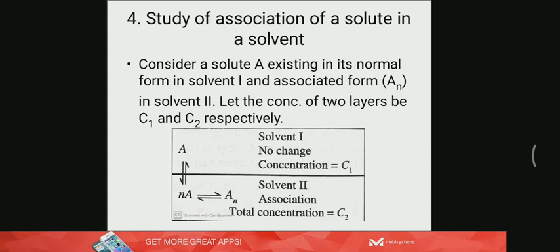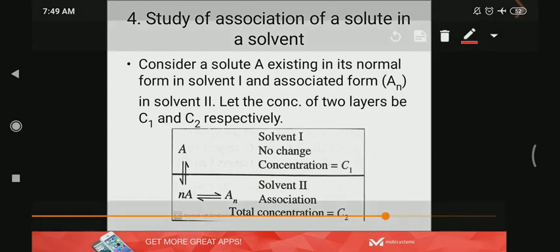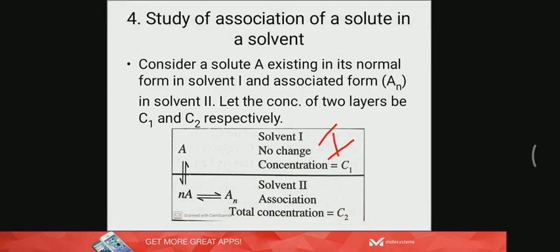Consider a solute A, existing in its normal form, that is monomeric form, in solvent 1. So this upper layer is solvent 1. And the associated form you can see in solvent 2 down, right? These molecules of A form an associated form, maybe dimer or trimer, that is AN in solvent 2.